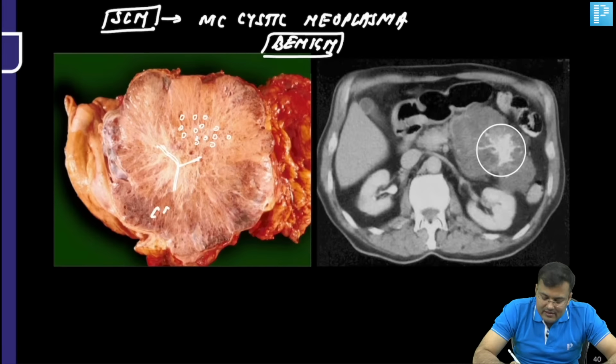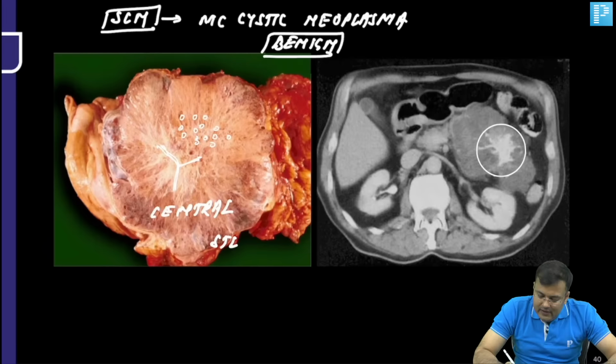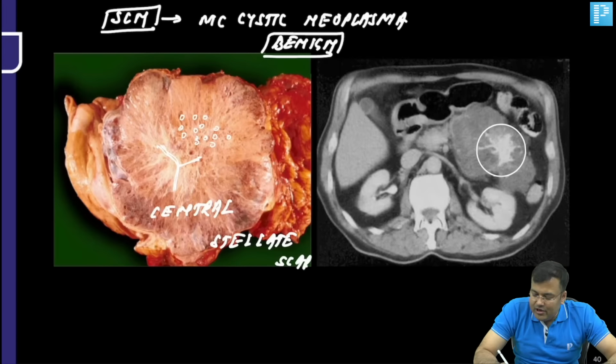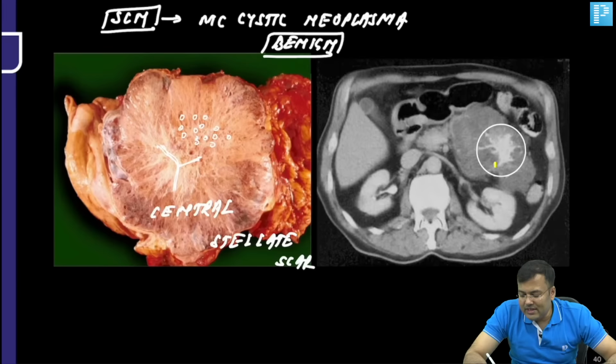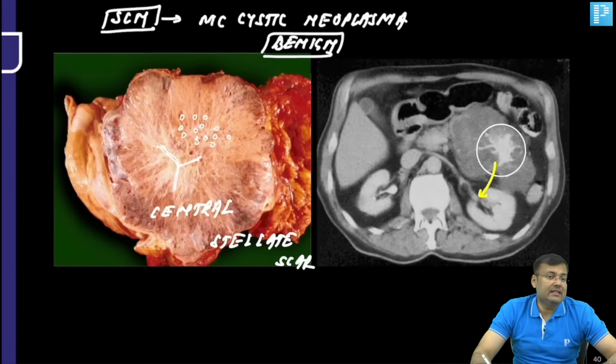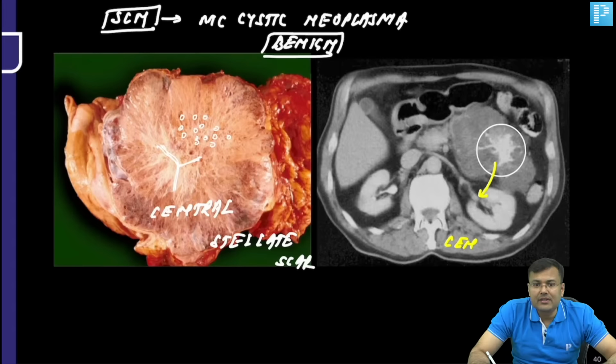There is a central stellate scar. In radiology also they ask this question: what kind of calcification is this? There is central sunburst calcification. Clear?